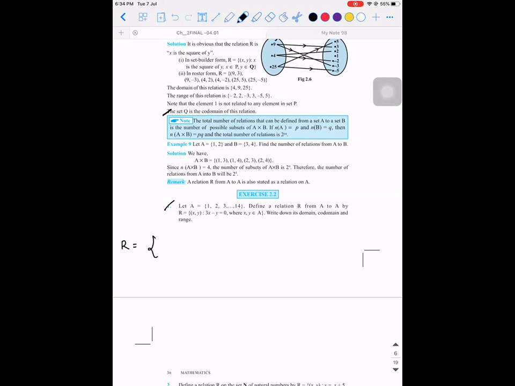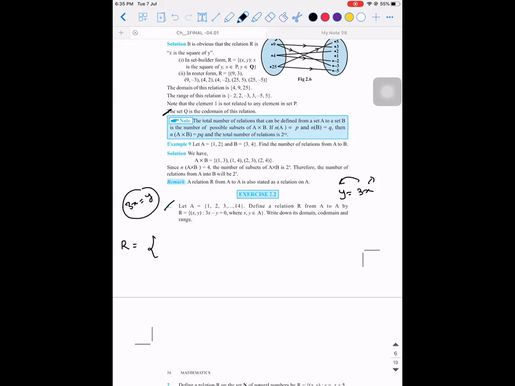So 3x minus y is equal to 0 is there. I better suggest you to write it as y is equal to 3x. If you write it as y is equal to 3x, you can substitute one input this side and keep checking the output on the other side.